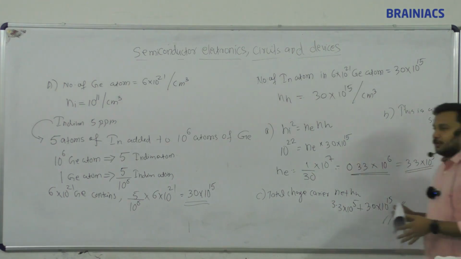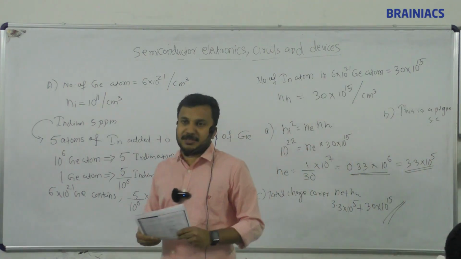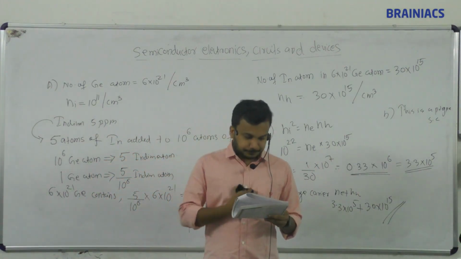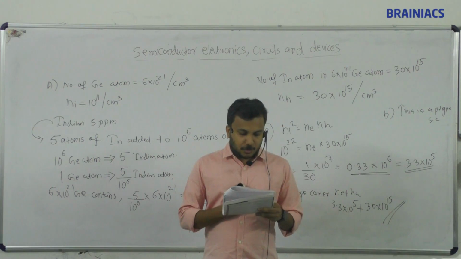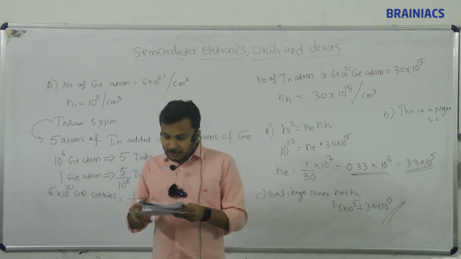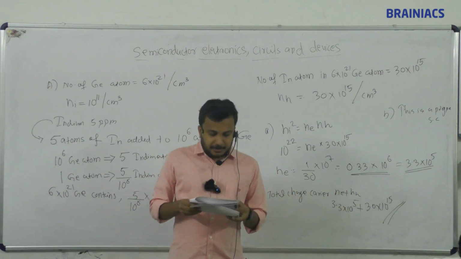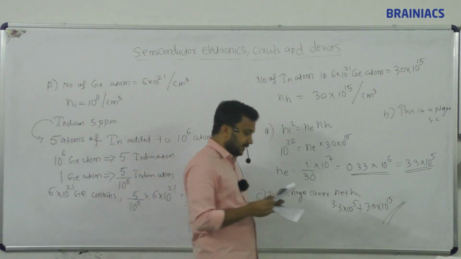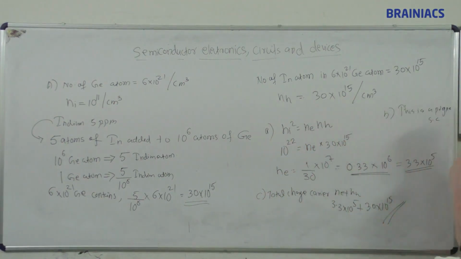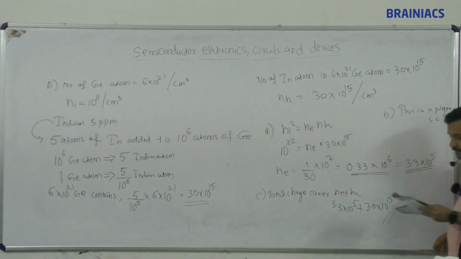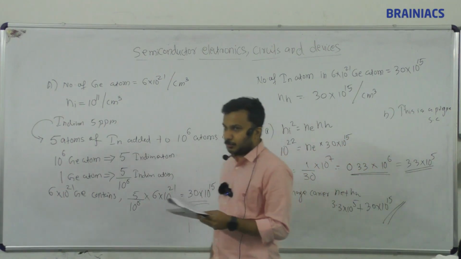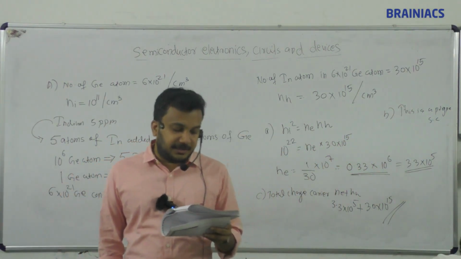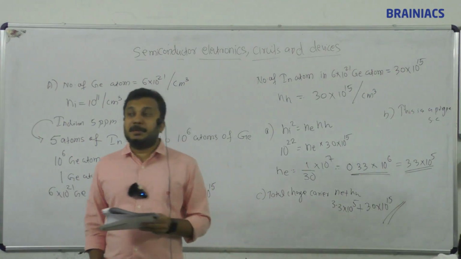The third question. The concentration of electron pairs in pure silicon at 300 Kelvin, that means at room temperature, is 7 into 10 power 15 per meter cube.